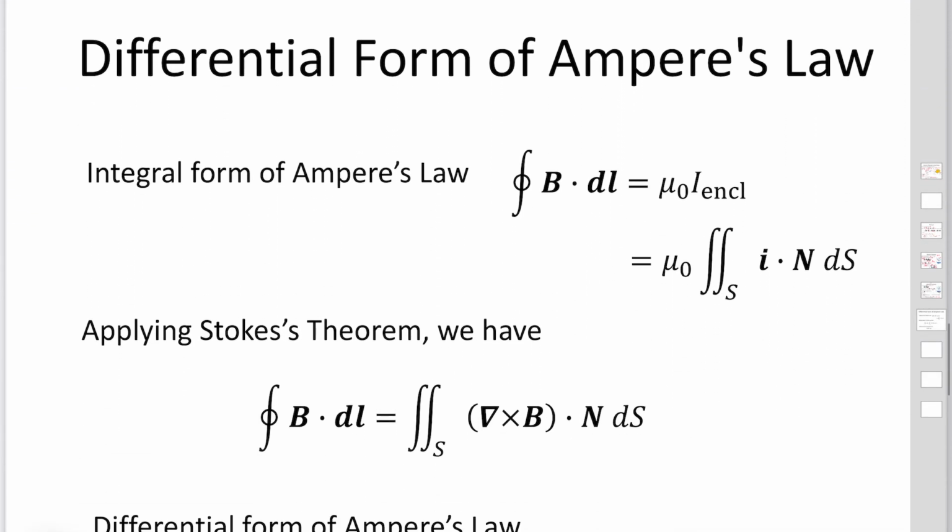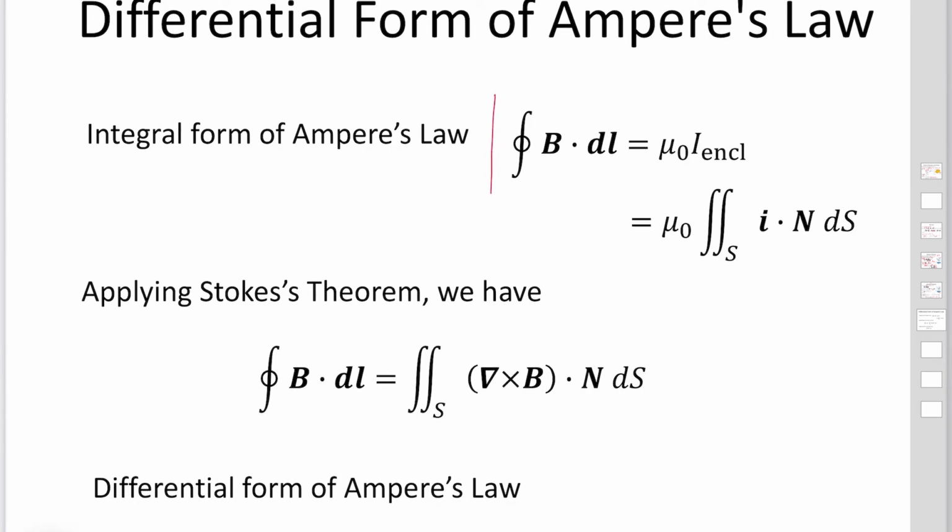Then we can find the differential form of Ampere's law. The integral form of Ampere's law is expressed this way. The right hand side is I enclosed, using the current density, expressed as J dot n dS integrated over the surface. So this is the expression for the right hand side.